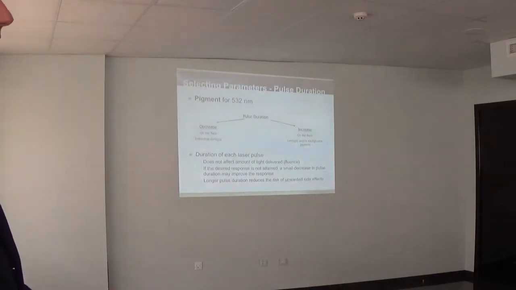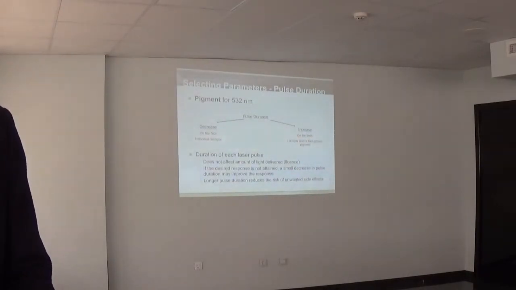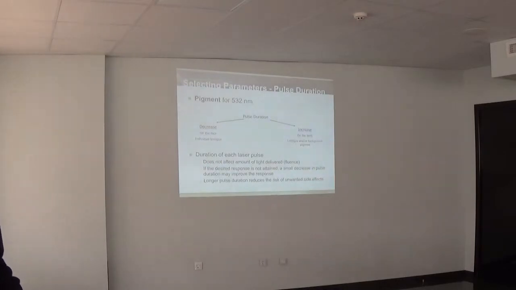So in a darker skin type, we always go to the longer pulse durations. We only use the more aggressive settings if the skin type allows us to. So if we have a very light skin type, we can be more aggressive than on darker skin types. And more aggressive means shorter pulse durations.